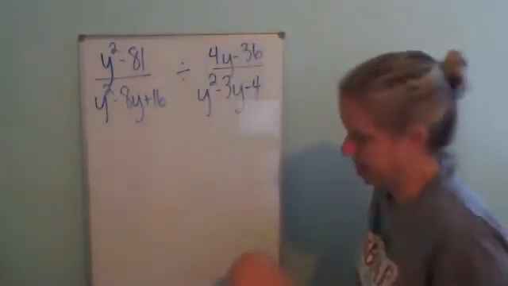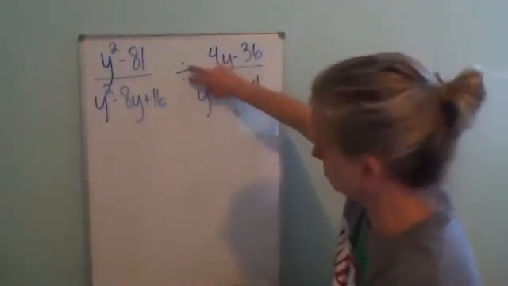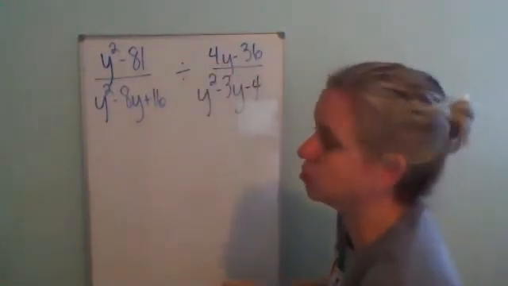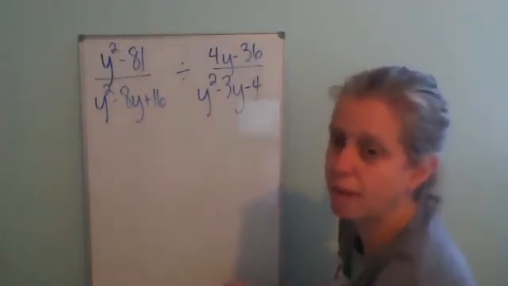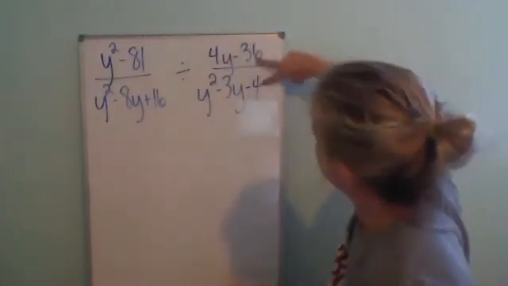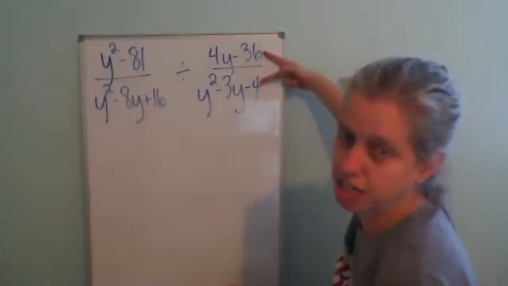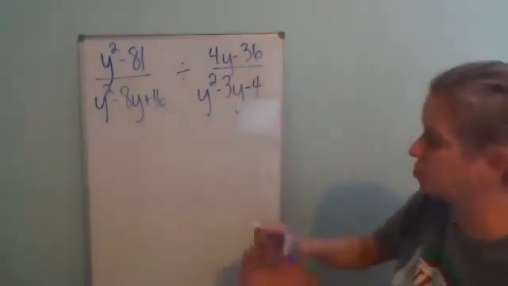Okay, now this one's different than the last problems because it's division. The very first step, remember the definition of division is simply to multiply by the reciprocal. So I'm going to rewrite this problem, but I'm going to flip this second fraction and turn this to a multiply. And then I'm going to work it just like the multiply problems.